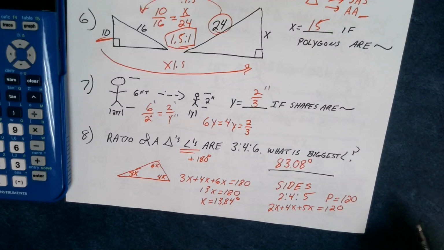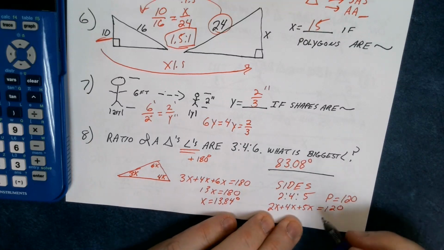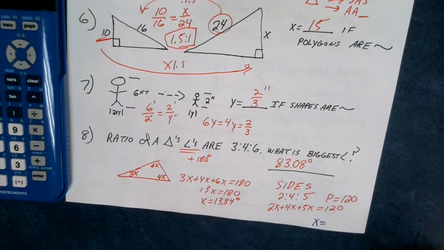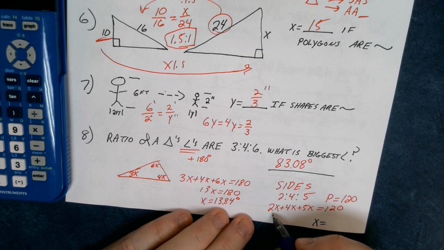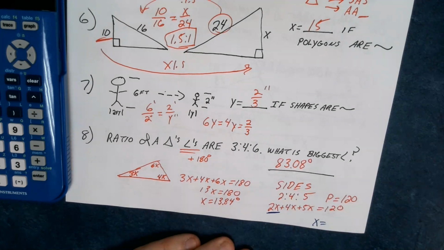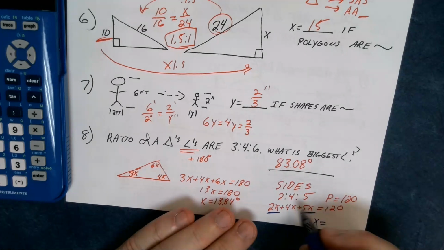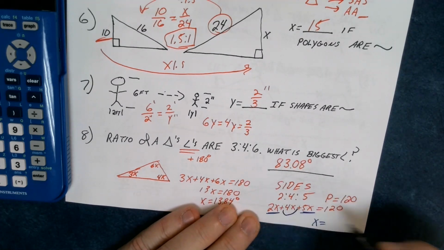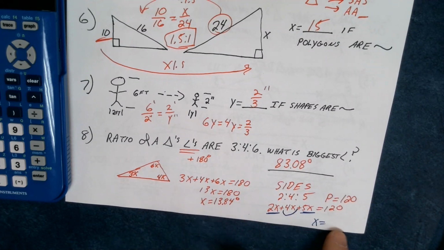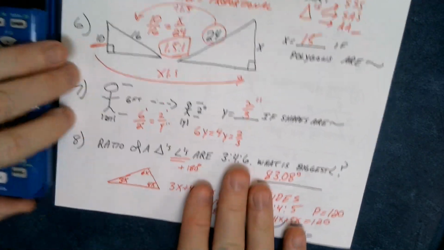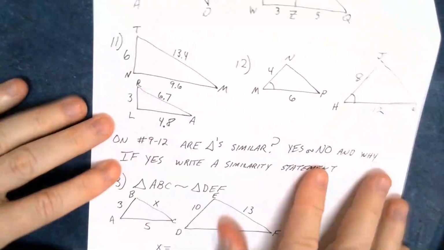And if it was asking for the smallest side, once you found your x, you would times it by 2. If you were looking for the biggest side, you'd times it by 5. And if you were looking for the medium side, you would times it by 4. Whatever your x was once you solved that equation. Okay? So that's the first set of stuff that you need to know for this test.